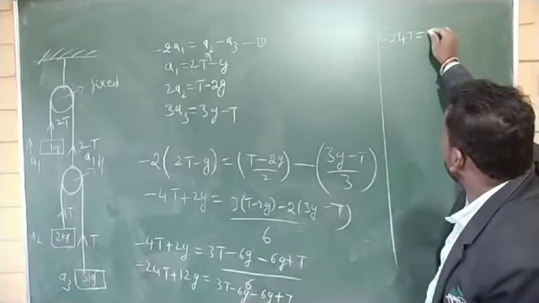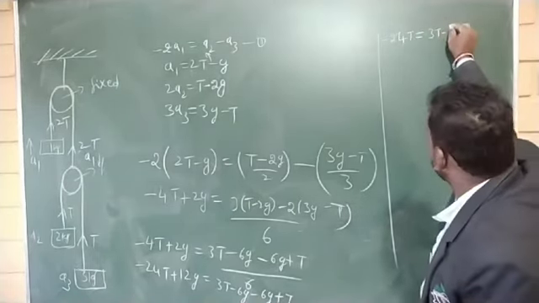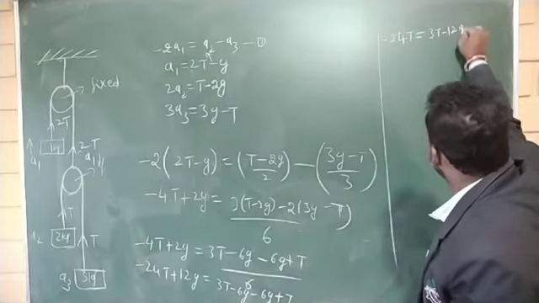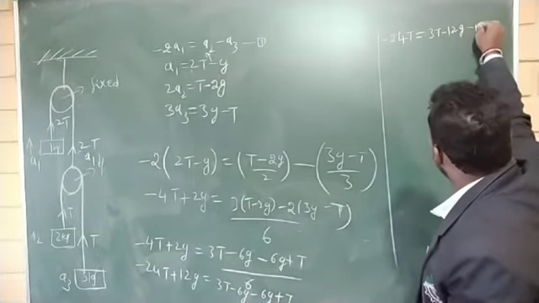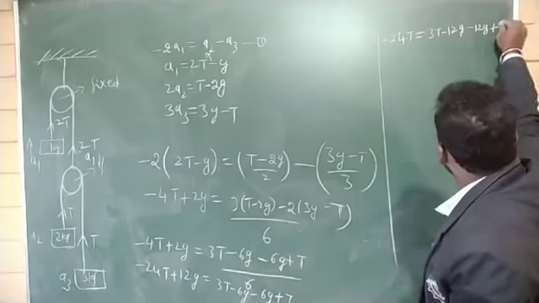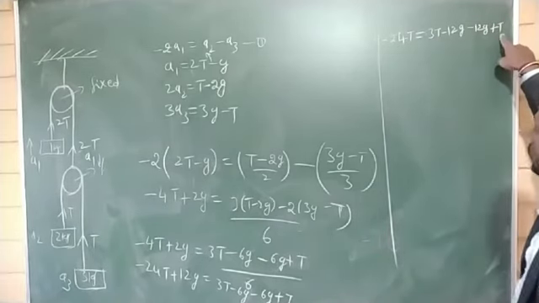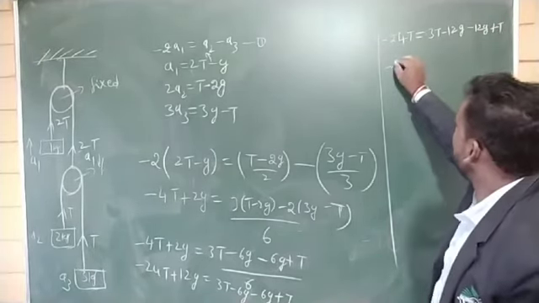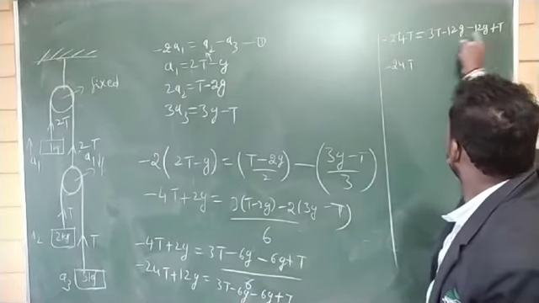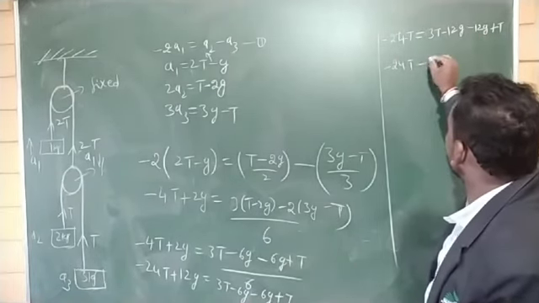Remaining terms: 3T minus 6g minus 6g is minus 12g, plus T. Then the T terms come to the left-hand side and become negative.